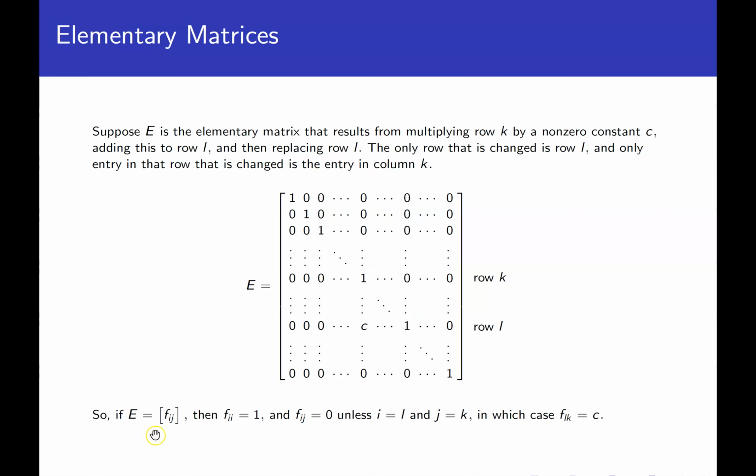So what that means is that the general entry of this elementary matrix looks like a 1 down the diagonal, zeros everywhere else, unless we are in row L and column K, and in that case, f sub LK is C.